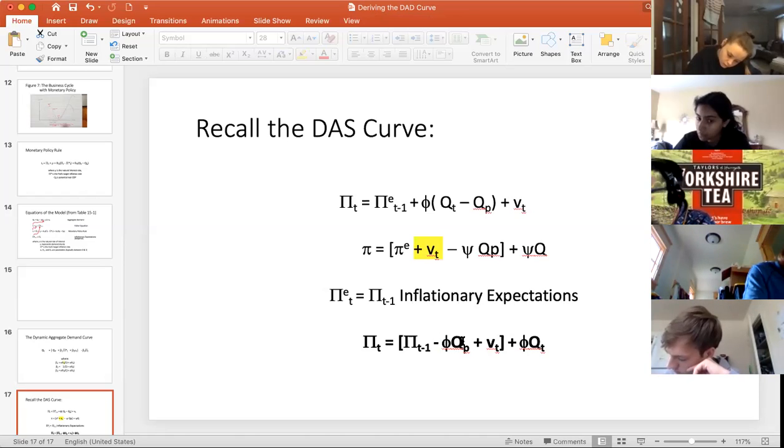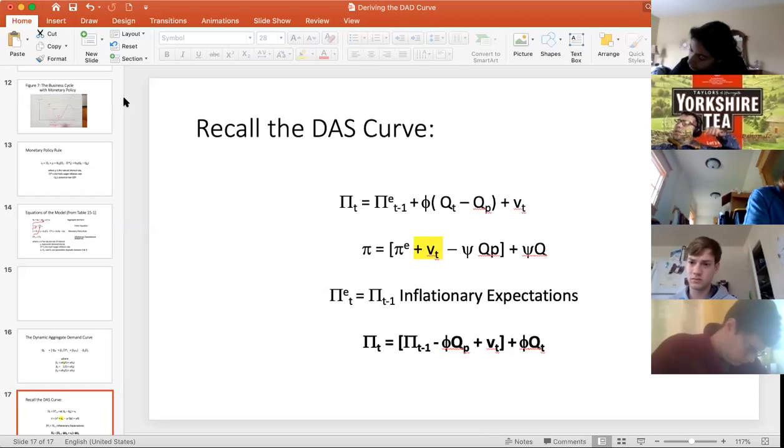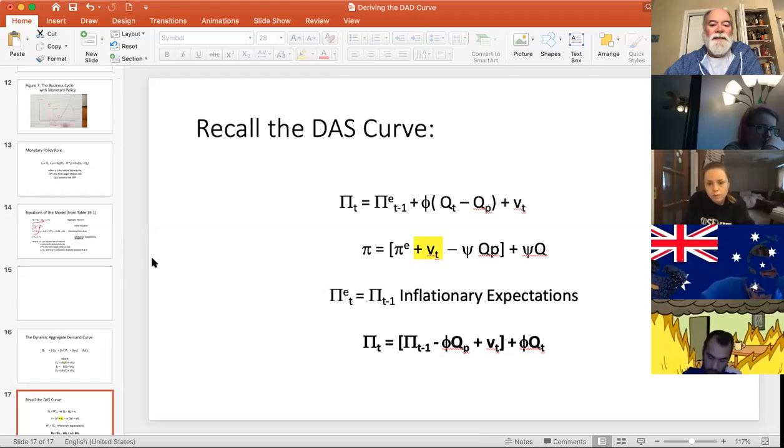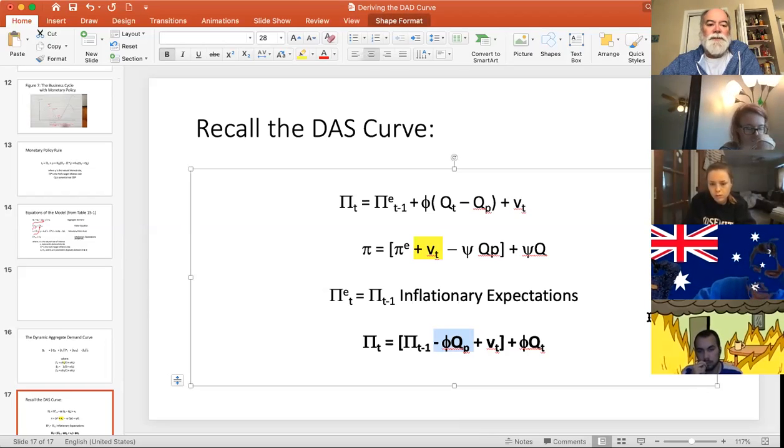This is kind of interesting here. What's going on here with minus phi Q P? What does that mean? Aspen, you with us? Can you repeat that question? My question was, what's going on with this thing right here? When potential real GDP goes up, what happens to inflation?